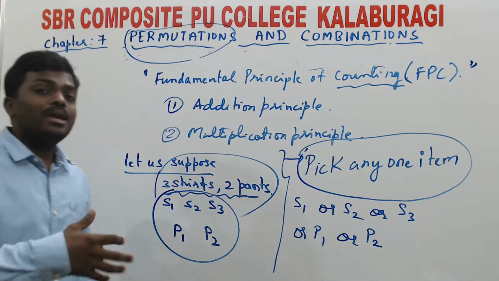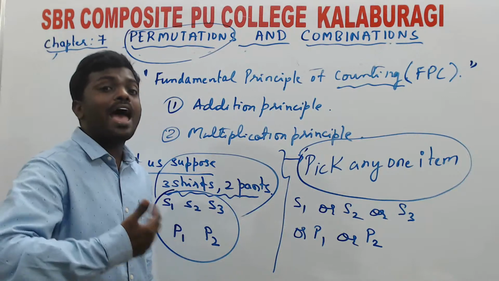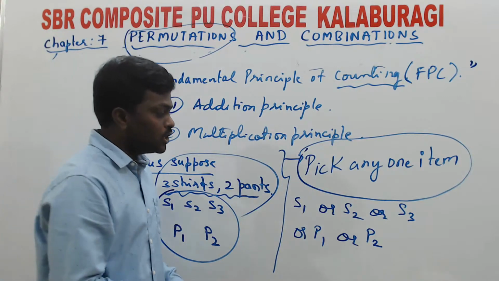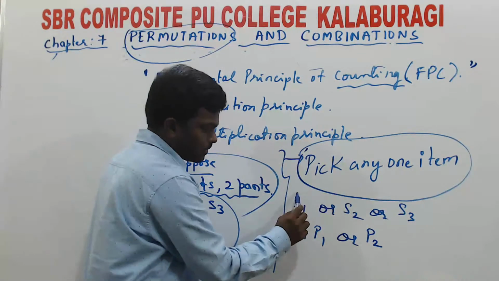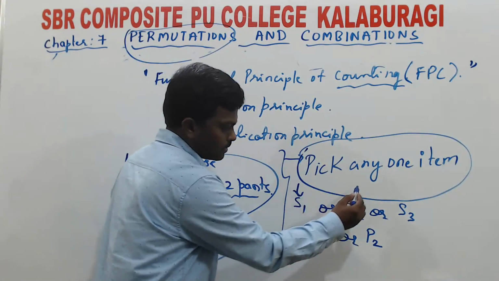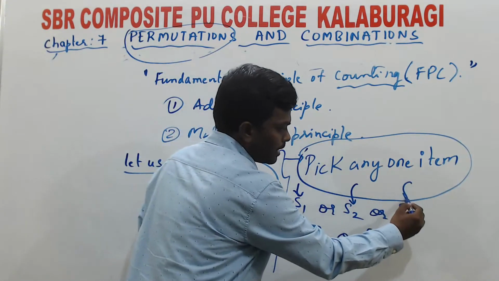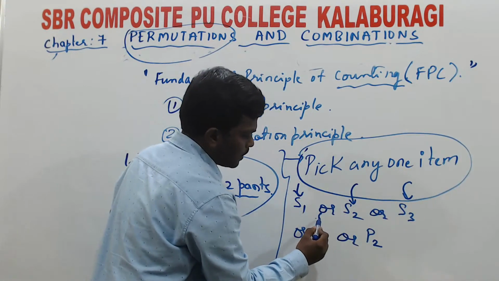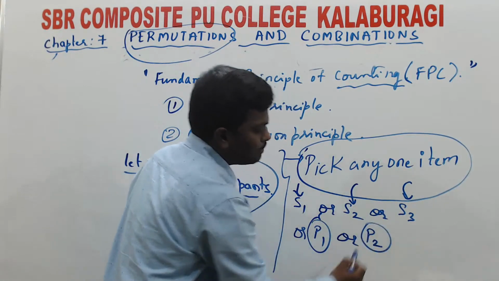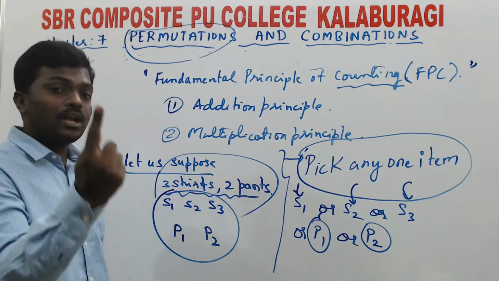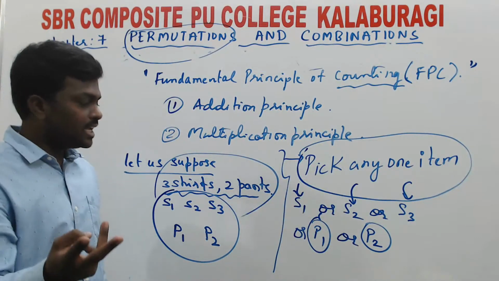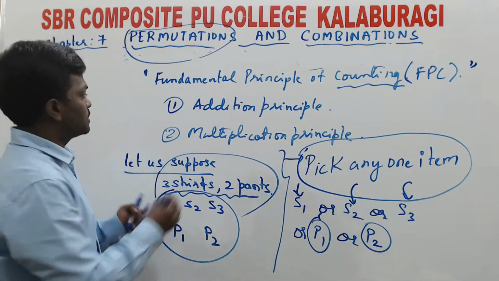So how many options do you have to pick? You have five options: S1, S2, S3, P1 and P2. So how many options do we have to pick one item? We have three shirts and two pants.